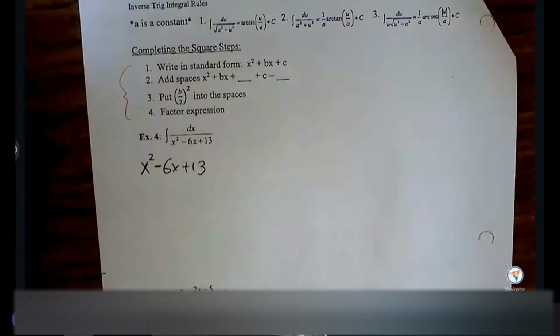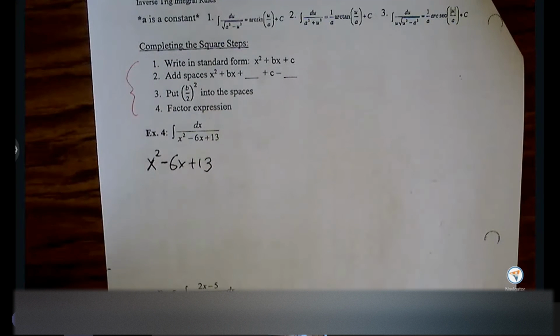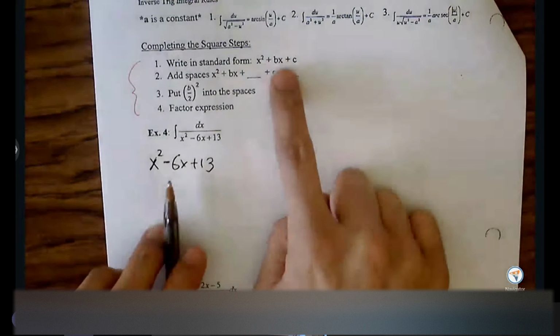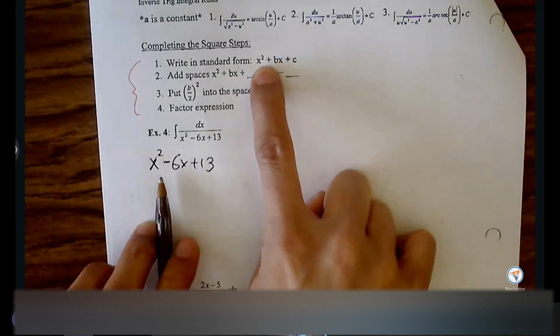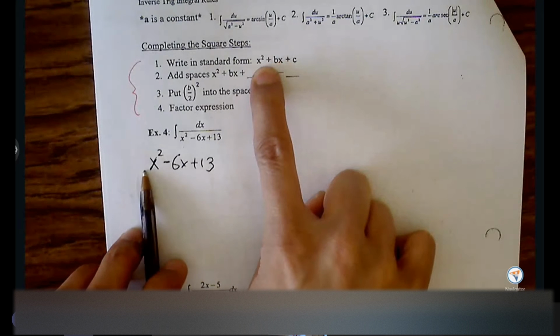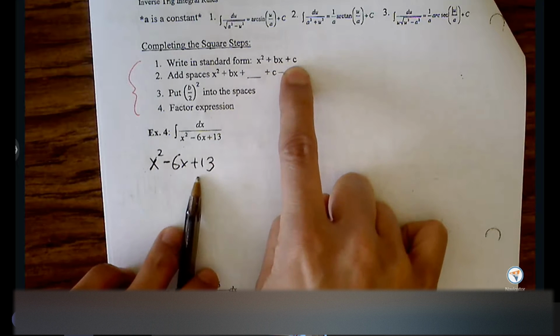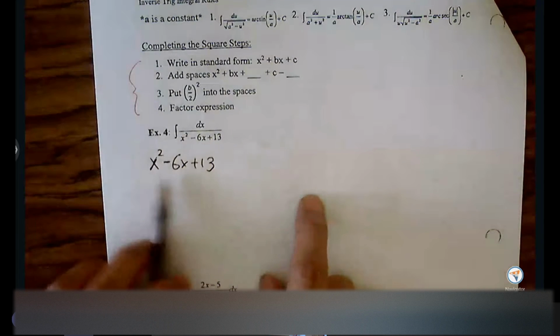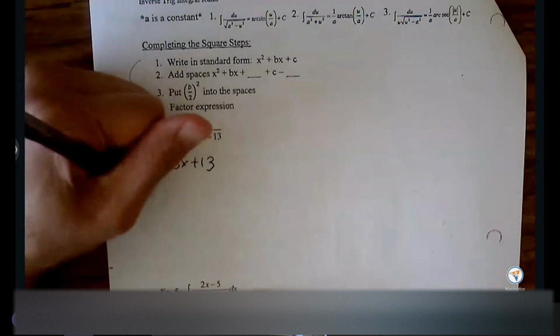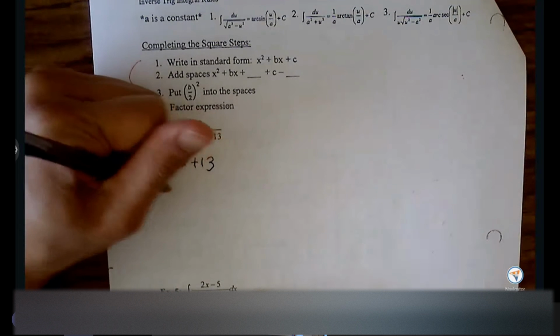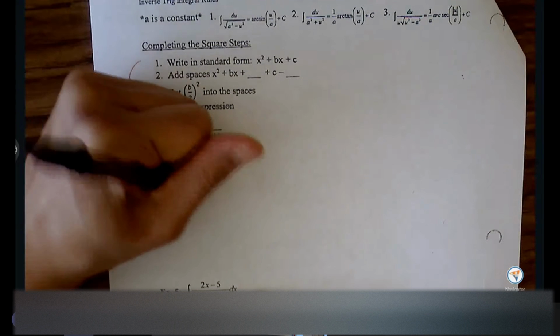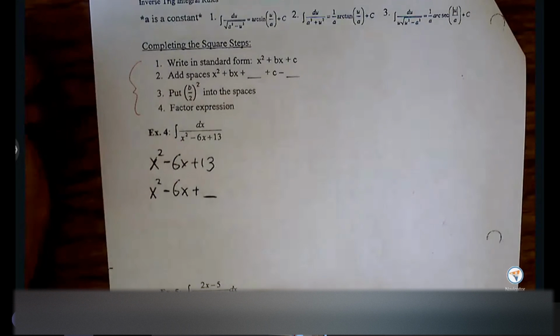Okay, so we're going to treat this like a separate problem. Let me walk through the steps for completing the square. First thing is recognizing that we're in standard form. The a is 1, the b is -6, and the c is 13. We want to cause this to factor nicely. So to factor nicely, we want to find an ideal constant that will cause that to happen.